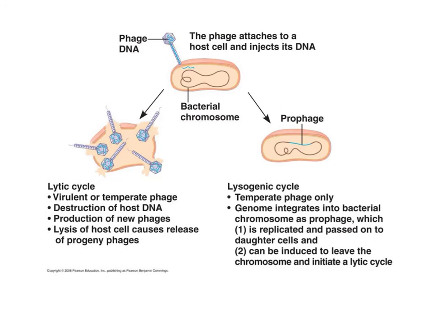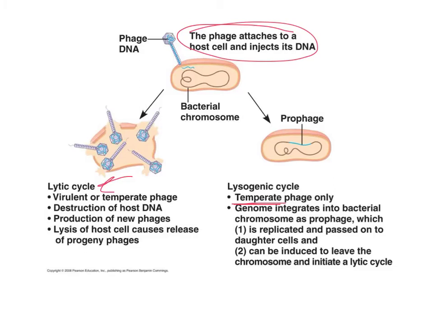A little comparison here, some contrasting between the lytic and the lysogenic cycle. Okay, so first of all, they both have this injection has to happen. The phage has to inject its genetic material into the host cell. The lytic cycle here can be done with a virulent or a temperate phage. Lysogenic cycle is temperate phages only. During the lytic cycle, the host DNA is going to be destroyed.